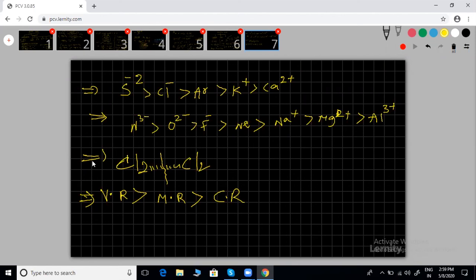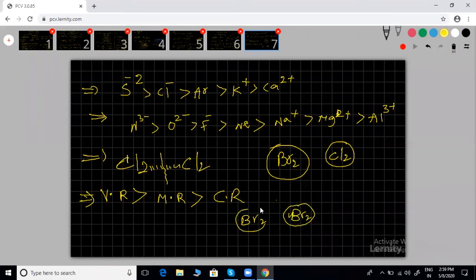Now I can write that the van der Waals force of attraction is directly proportional to molecular weight or atomic weight. Suppose you have two different things, Br2 and Cl2. I'm taking two Br2 molecules and two Cl2 molecules. Which one has more van der Waals force of attraction? Br2, Br2 has some attraction, and even Cl2, Cl2.